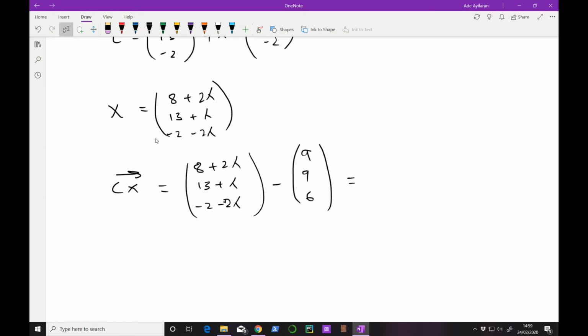And that is going to give us a direction of minus 1 plus 2 lambda, 4 plus lambda, minus 8 minus 2 lambda.